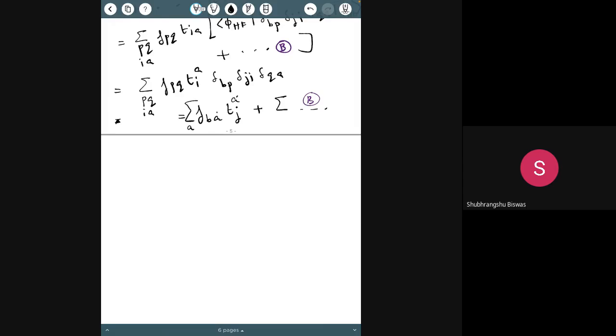So eventually all the terms, whether it is the F_N T1 commutator or F_N T2 or V_N T1, V_N T2, or even the nested commutators, all of them are reduced to sequences of matrix or tensor contractions. If you want me to be general, they're all reduced to a sequence of tensor contractions.